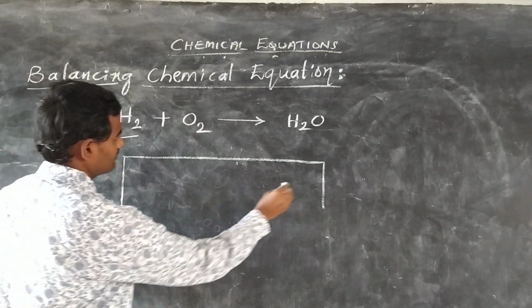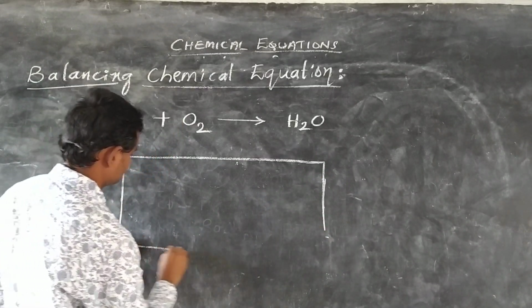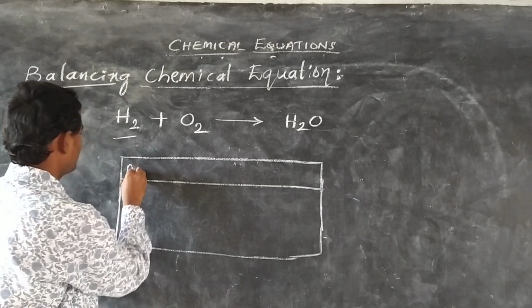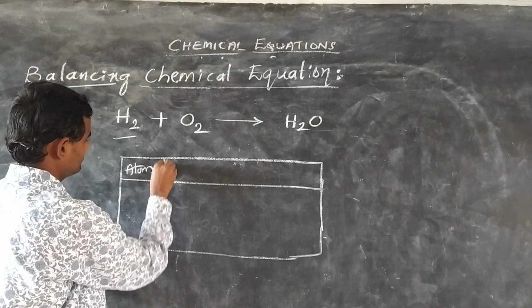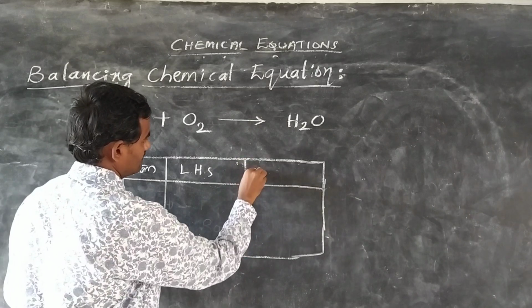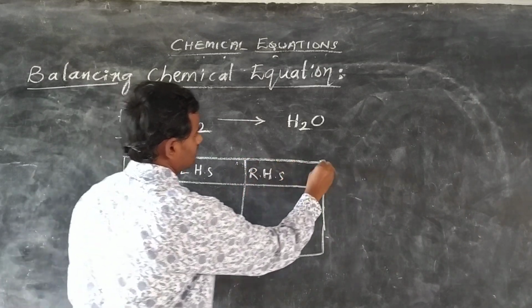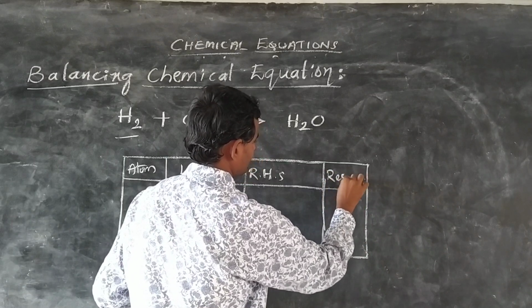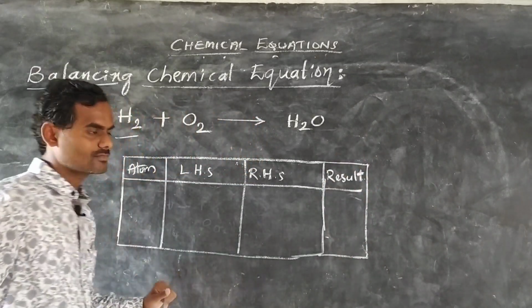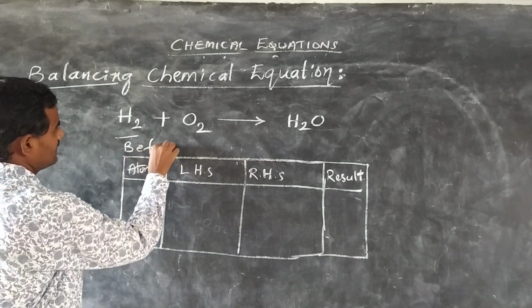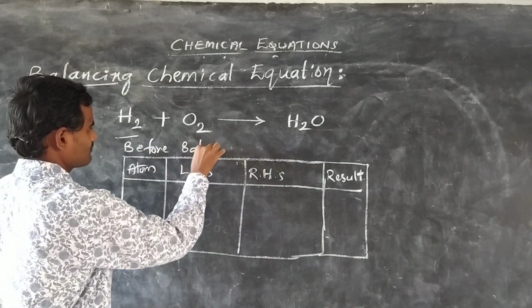The columns are atoms or element, left hand side, right hand side, and one more column as result. This is before balancing.